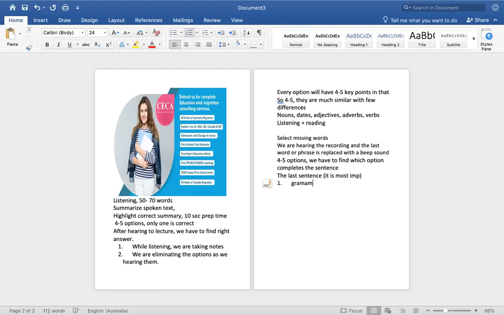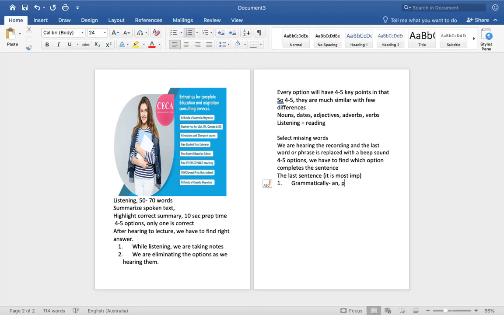First, grammatically. Maybe the last word is an, a vowel word, so I know a vowel option is going to be the one I'm picking. Of 5 options, only 2 start with a vowel, so one of these 2 is our answer. So grammatically, this is one clue.